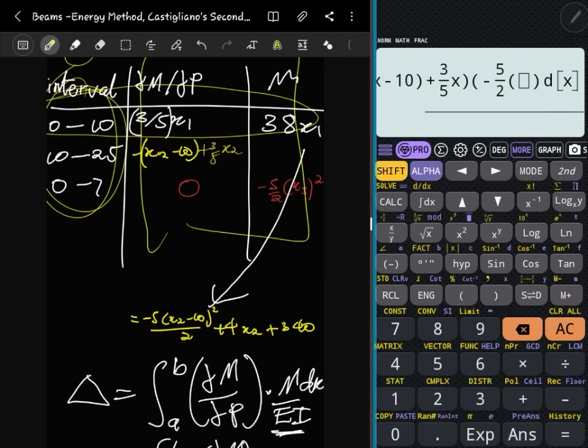So let's see. We have x, right? Minus 10, and now this is squared, right? And then I have, let's close this bracket. I have a plus 4x, and then a plus 34t, right?